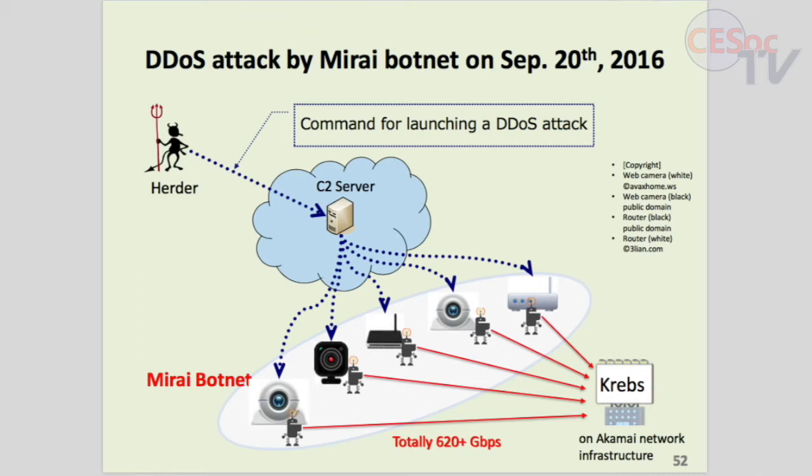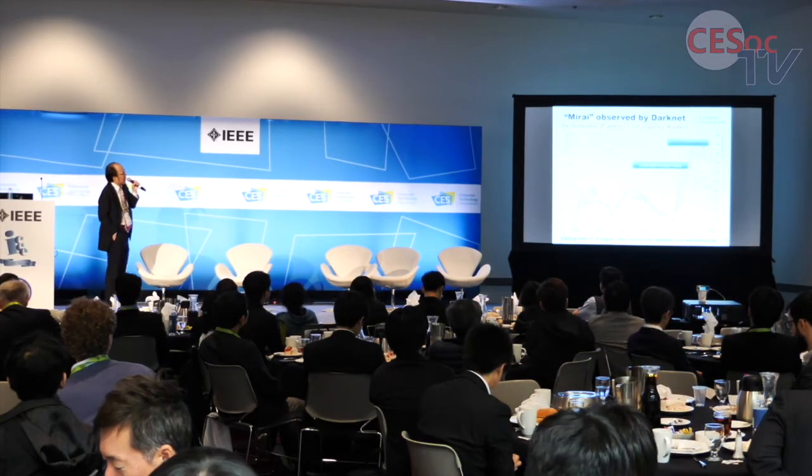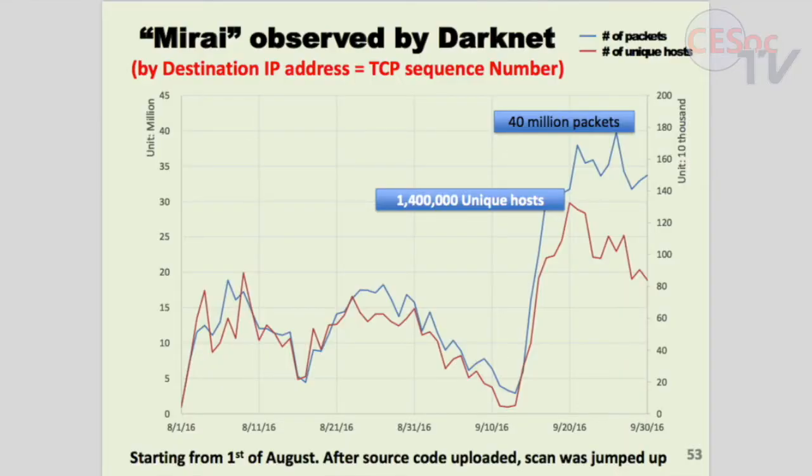So this is trying to capture the darknet data by using the characteristic of Mirai: destination IP address equal to TCP sequence number. That data is very, very increasing after September 2016. And this is the countries infected by Mirai, from the source country, source IP address.